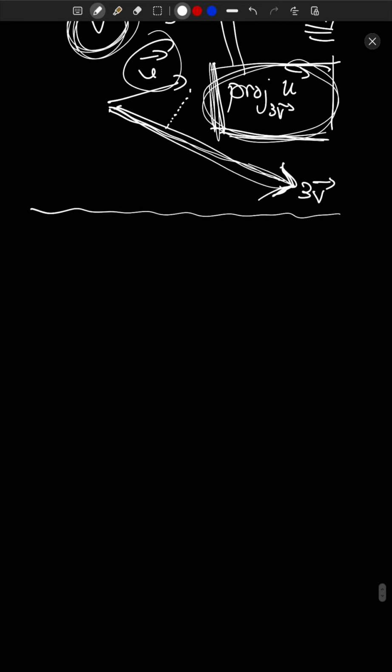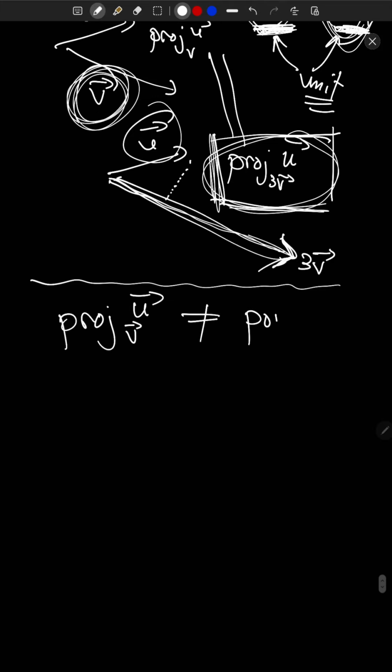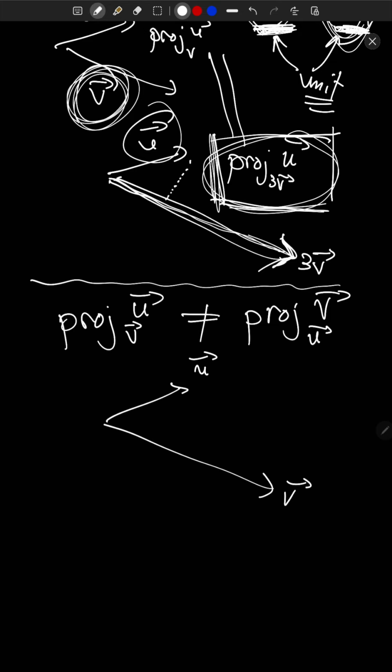Oh, by the way, I should definitely mention this. Projection of u onto v is definitely not the same as this. It's not the same concept as the projection of v onto u, right? Because this one on the left is a vector in this direction, but the one on the right is a vector in the direction of u.